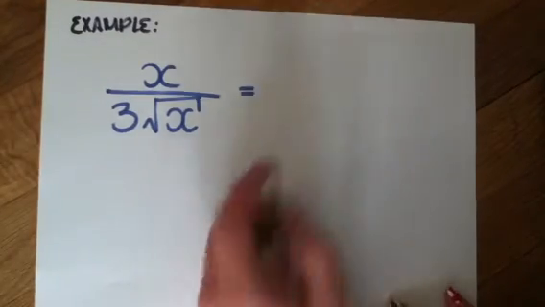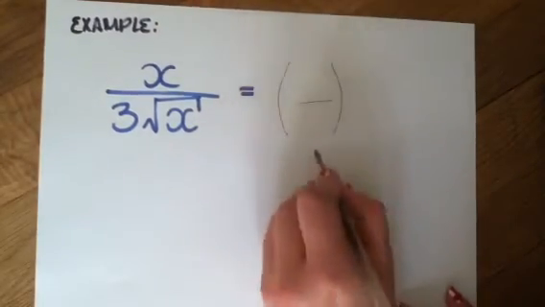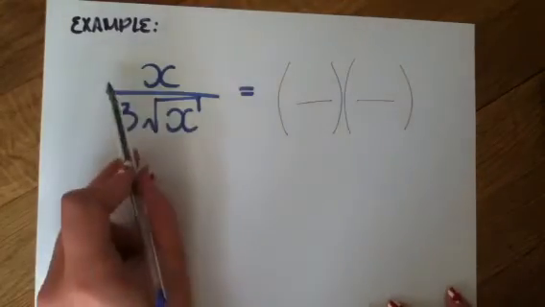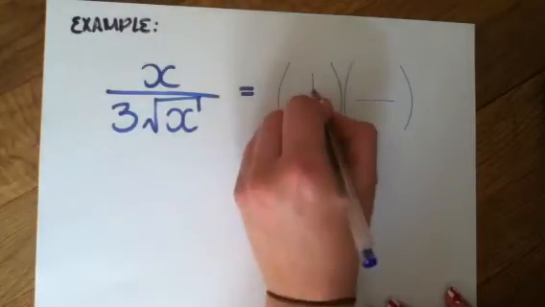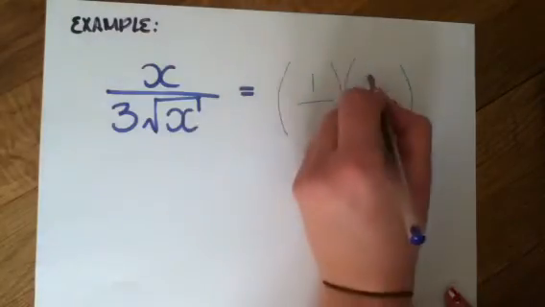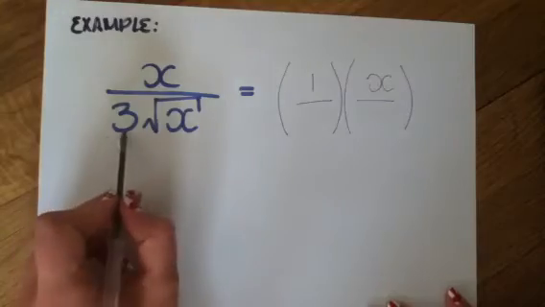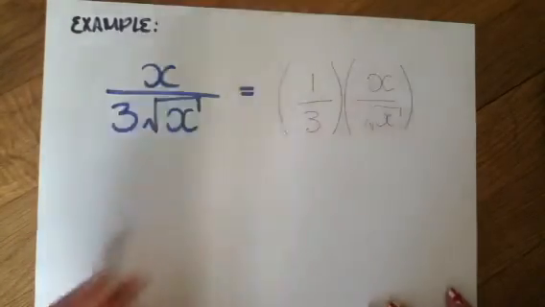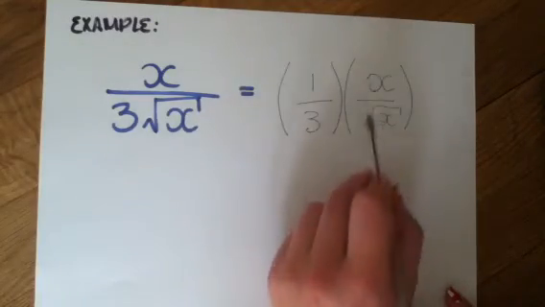Here's another example. Let's pop brackets for numbers and brackets for x's. So on the top we have no numbers, so we're just going to pop a 1. On the top we've got 1x, we can pop an x there. On the bottom we have a 3 and a root x. We can split those up accordingly. Now we can begin to manipulate.